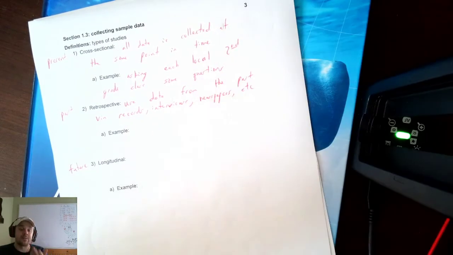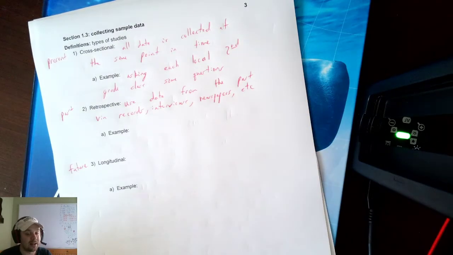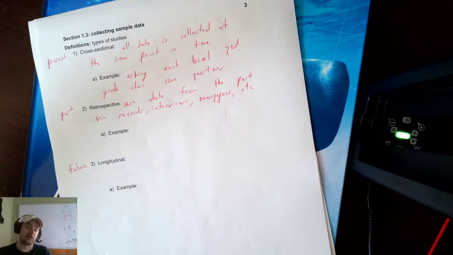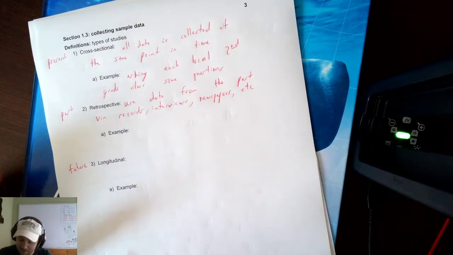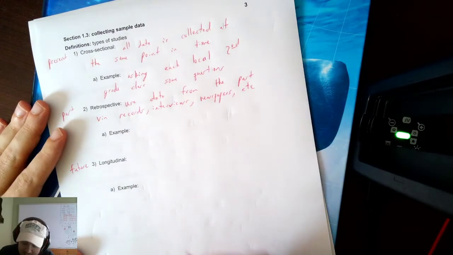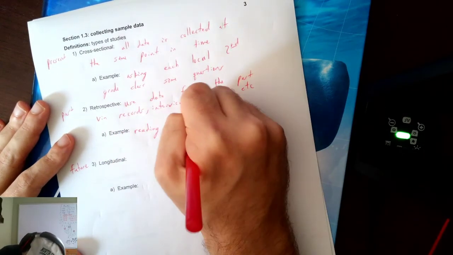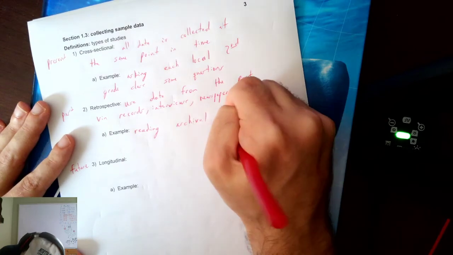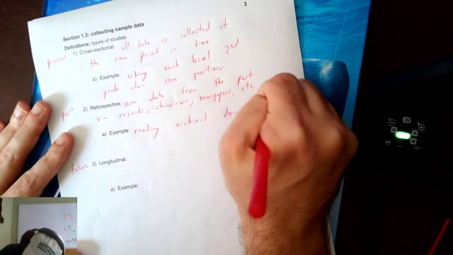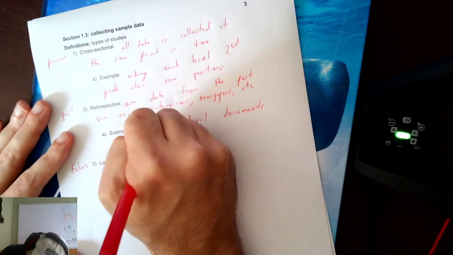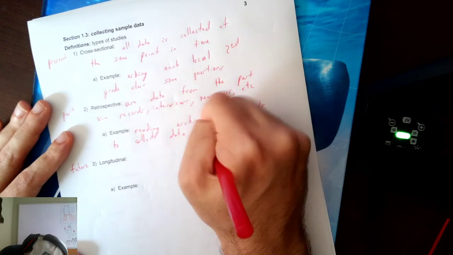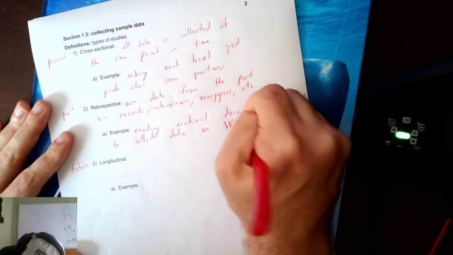You're getting the data from the past. Maybe I want to collect data on World War I. So an example on World War I data, reading archival documents to collect data on World War I.